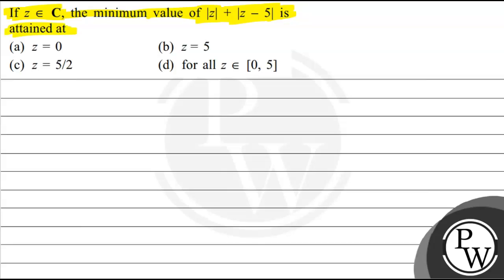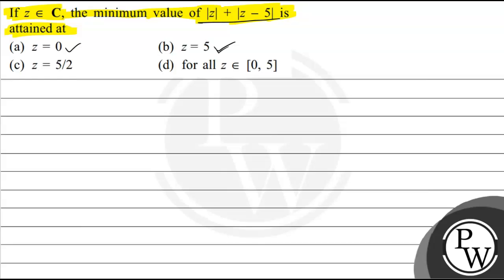So we have to check with each option which option will be correct. We have the values of z given in our options, and we have to check out of these values which will have the minimum value for this particular thing, mod of z minus 5 and mod of z. Okay, so let's try to solve this question.